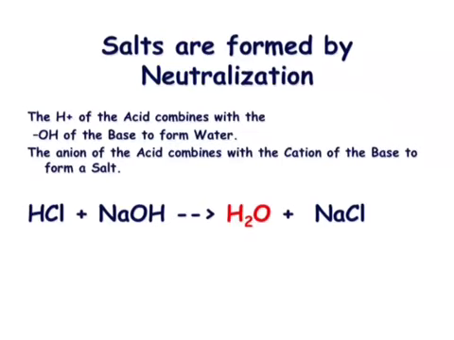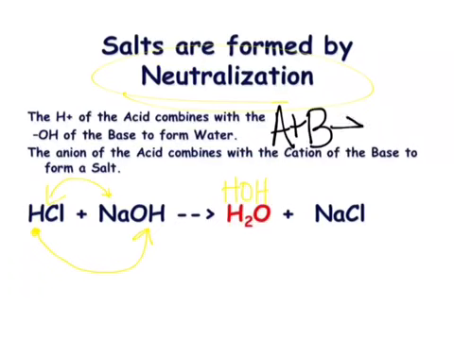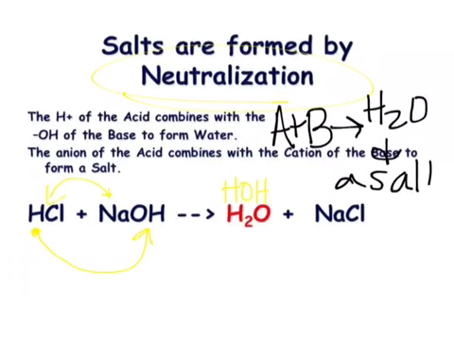So what happens here is this H ion hooks up with the OH, and we end up getting water. Sodium hooks up with chlorine, and we get NaCl. So in a neutralization reaction, we always have an acid plus a base, and it gives us water and a salt.